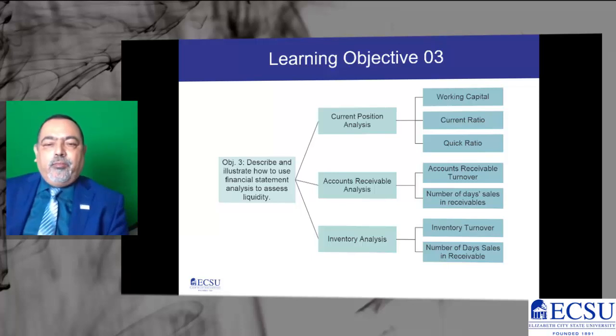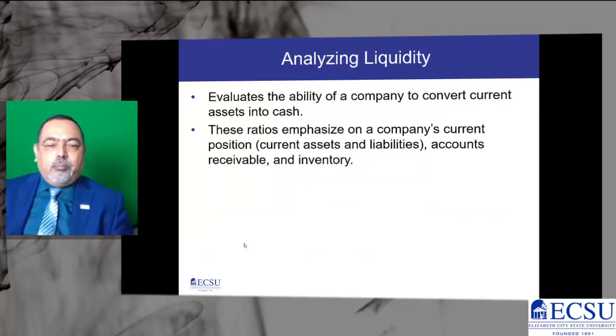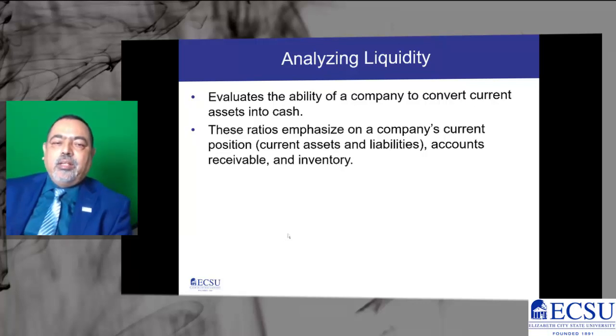Now, as you can see, analyzing liquidity is essentially trying to evaluate whether a company has enough current assets to convert into cash or not. These ratios basically emphasize the position of the company in terms of its current assets and liabilities, as well as accounts receivable and turnover.